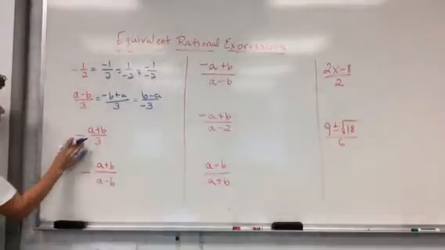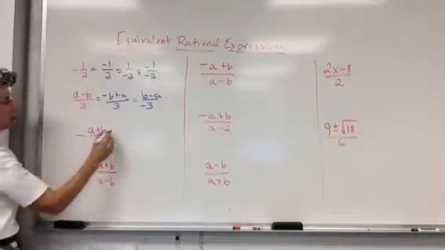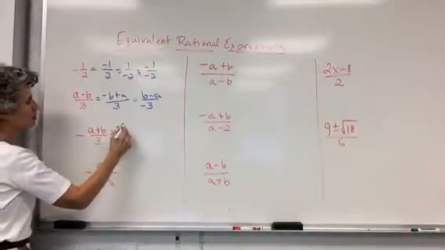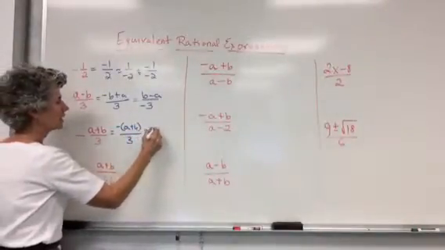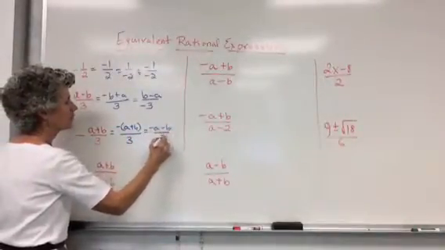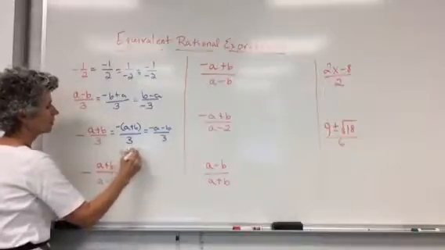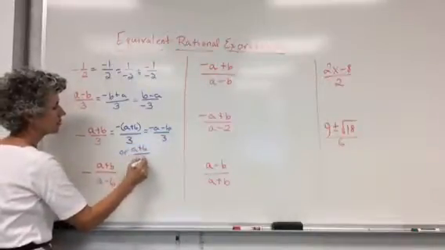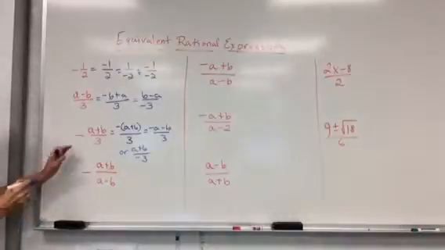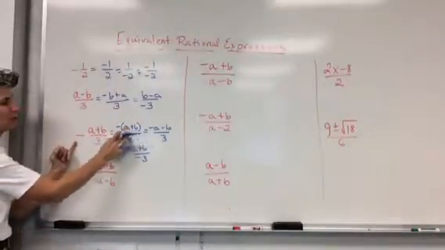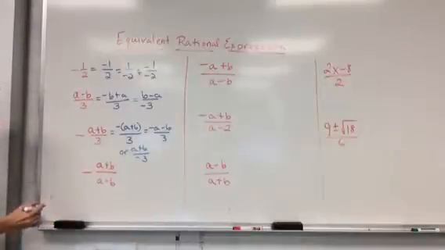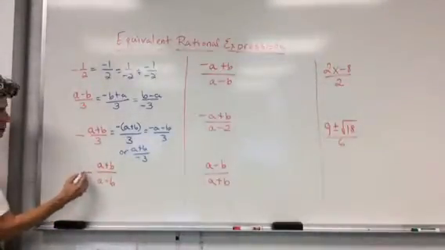When there's a negative out front of the whole fraction here, again, you can put that in the numerator, which would give you negative a minus b over 3, or you could put it in the denominator. But be careful, if you put it in the numerator, it applies to both the a and the b, not just negative a plus b. So here's one where it's out front.